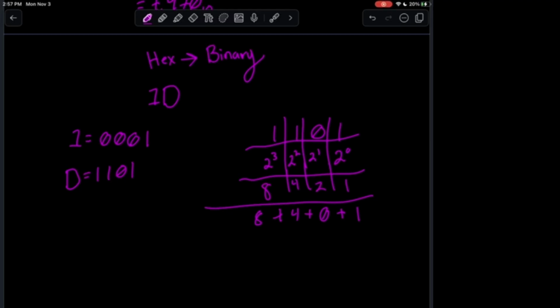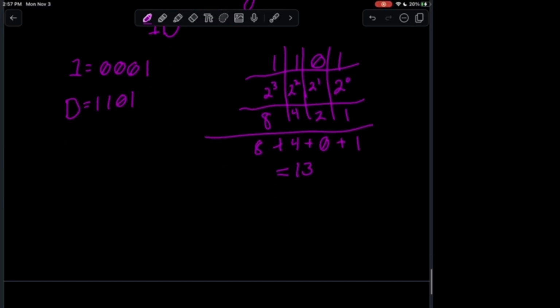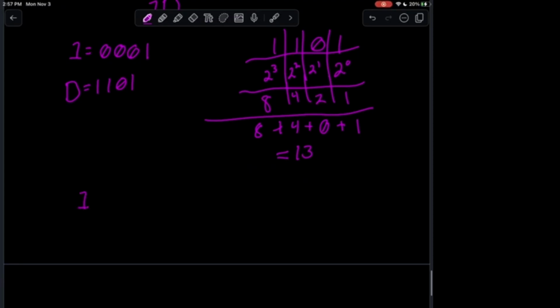So when you add all of that up, this equals 13, which D represents. So 1D in binary is 0, 0, 0, 1, 1, 1, 0, 1 to the base of 2.